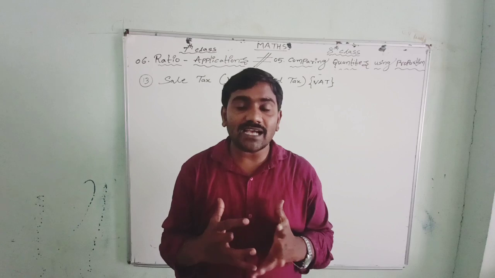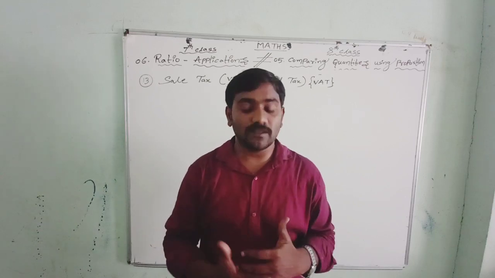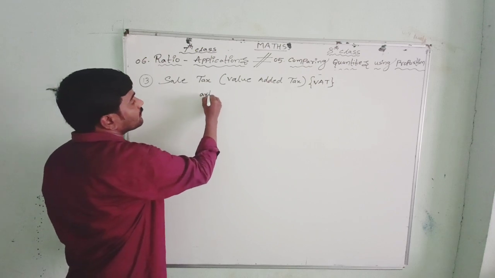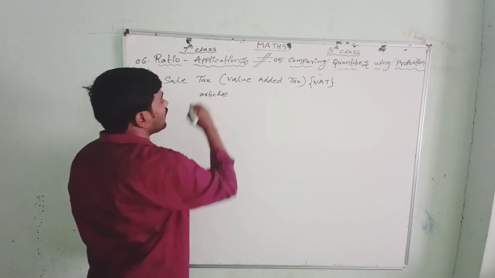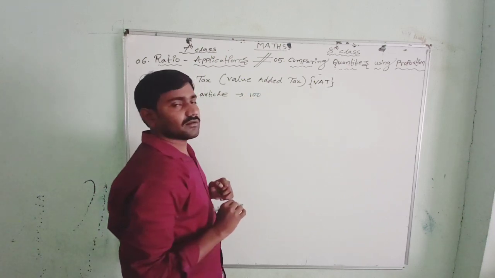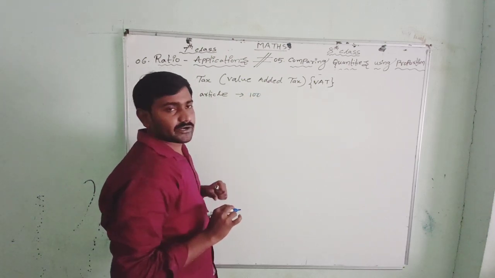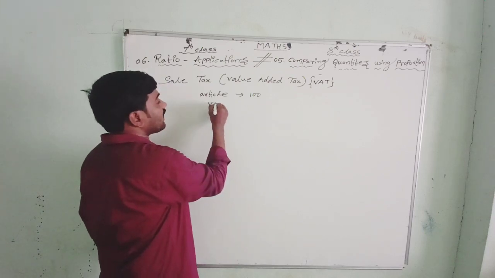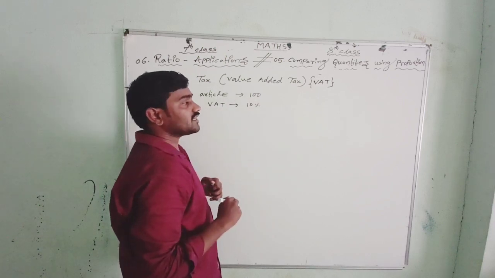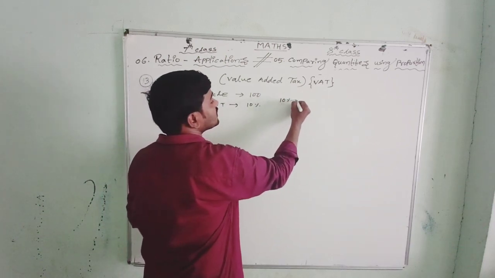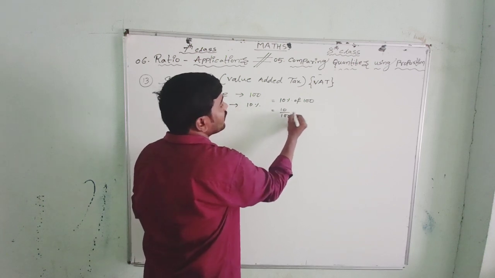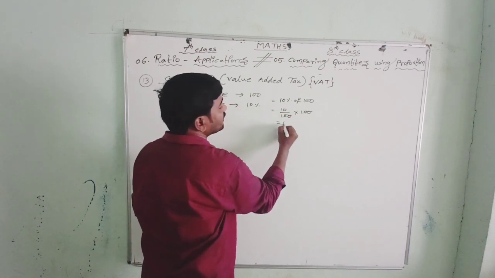Here value added tax will be added to the selling price. Suppose an article's price is 100 rupees. After adding VAT, suppose VAT is 10% on it. 10 percent of 100 is 10 by 100 into 100, which is 10 rupees.